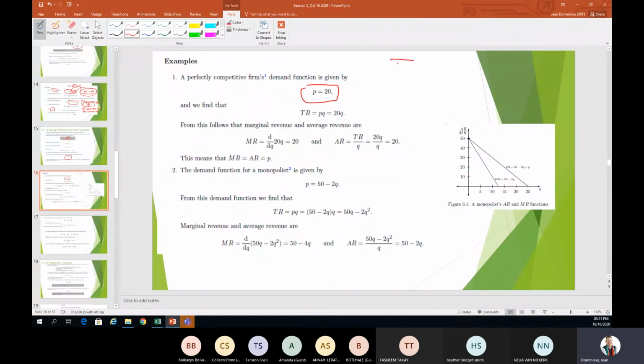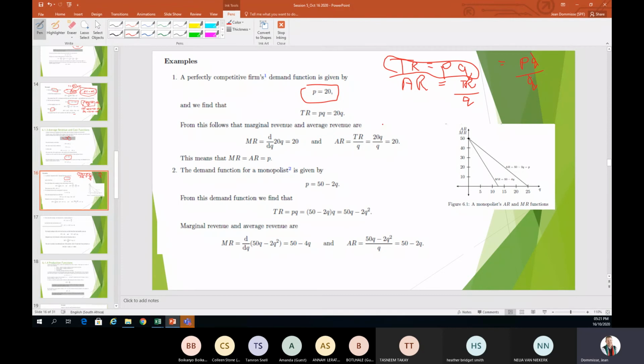So again, remember, total revenue is equal to P times Q. Then average revenue is total revenue divided by Q. So actually what you are doing with that one is to get the average, you are dividing it by Q. So you're actually just cancelling the two Q's out.